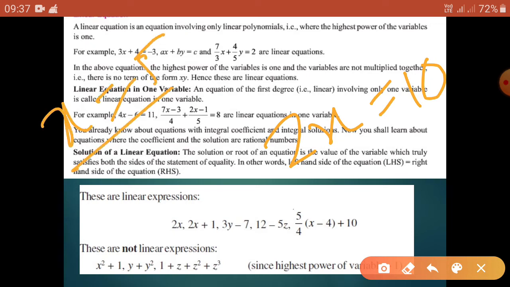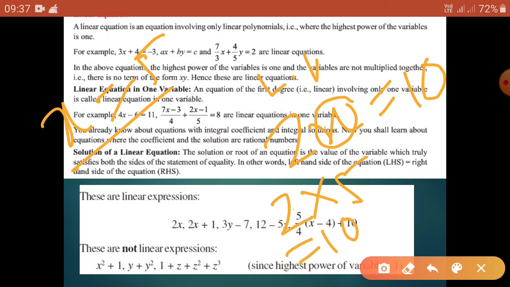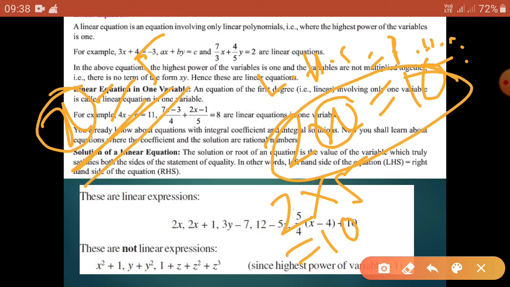If we put the value of x on the left side, it is 2 into 5, that is 10. So now the left hand side is equal to the right hand side, so this is the condition of the linear equation. As x satisfies this equation, x is the solution of this linear equation.